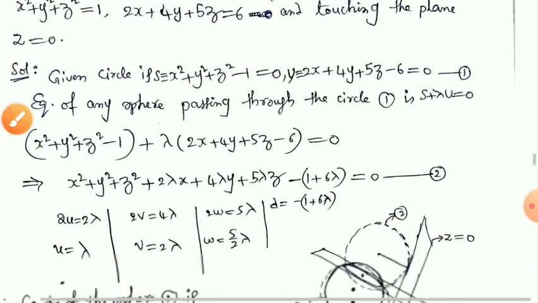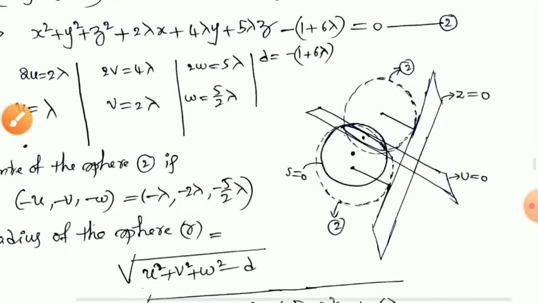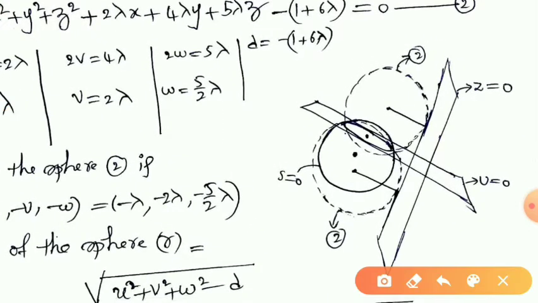So see this figure. In this figure, this is the given sphere S is equal to 0, and this is the given plane u is equal to 0. This is the circle of intersection of this sphere with this plane.